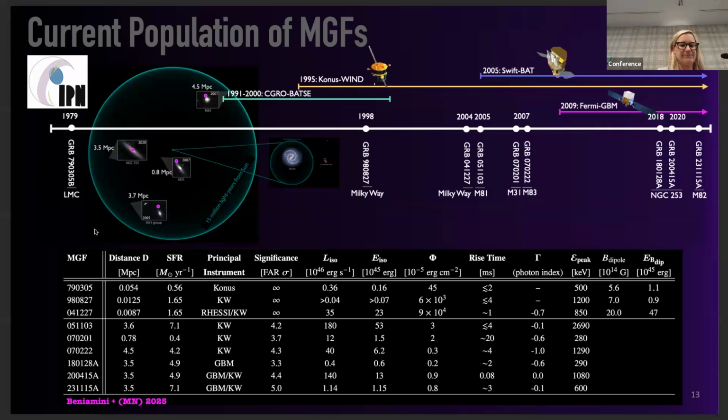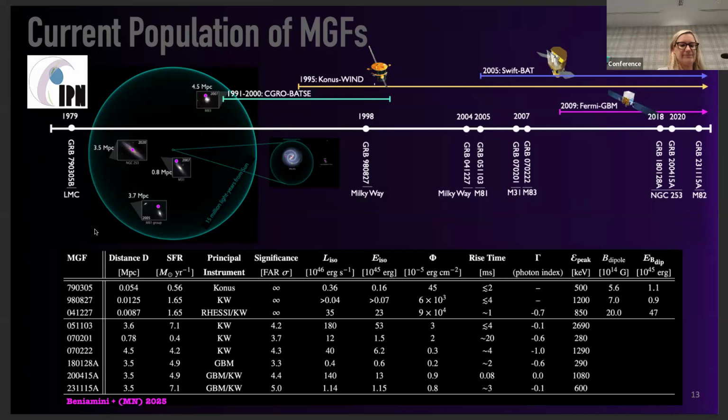This is crucial to understand if they are spatially coincident with a star-forming galaxy, because this is how you can tell they are not cosmological GRBs, which are expected to be so far away that you don't see the host galaxy. If you see an event like this coincident with a local galaxy, the chance of a pure chance alignment is very low.